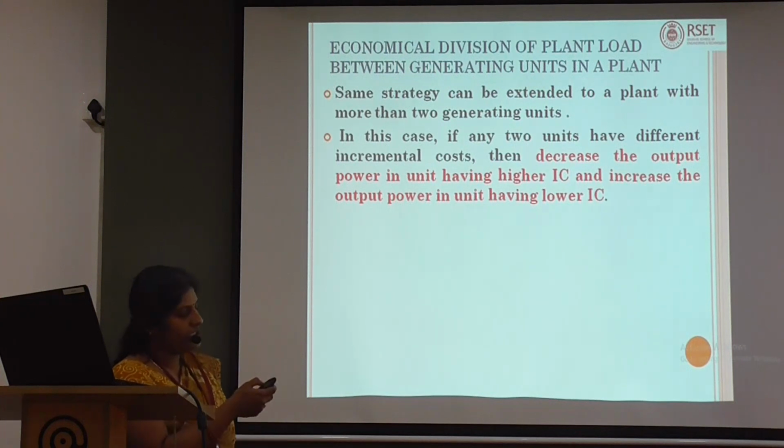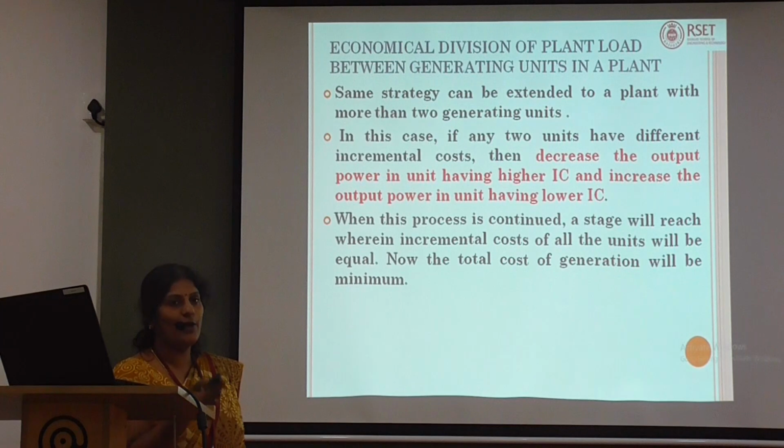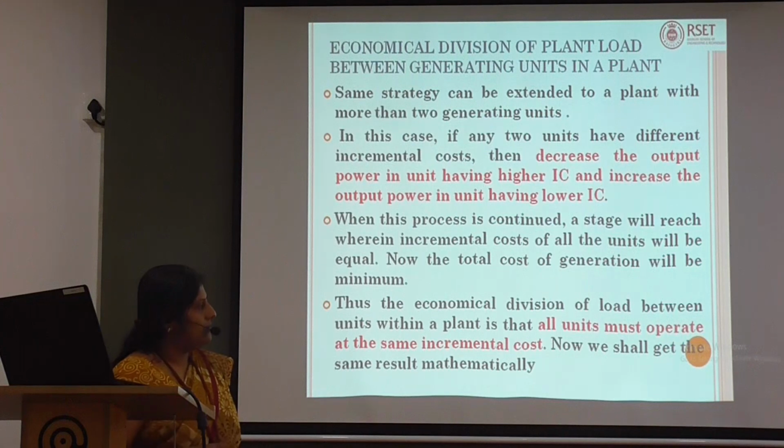By doing so, at one stage we will reach a case where both the units have the same incremental cost. At that time the total cost of generation will be minimum.